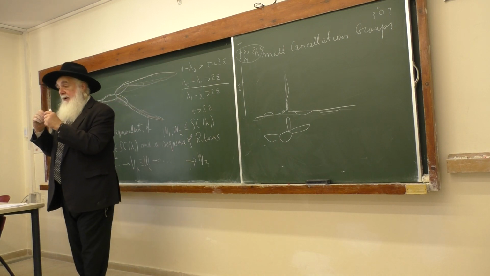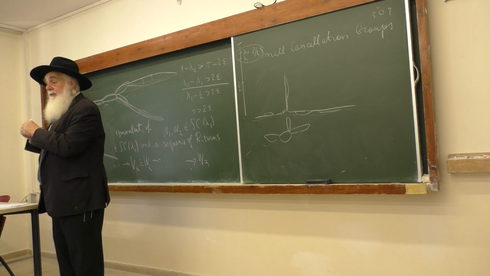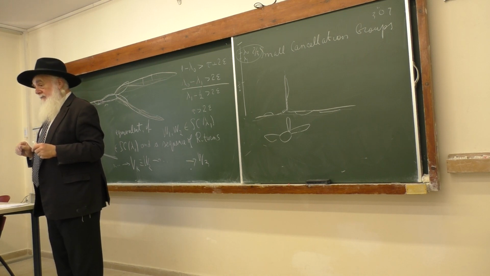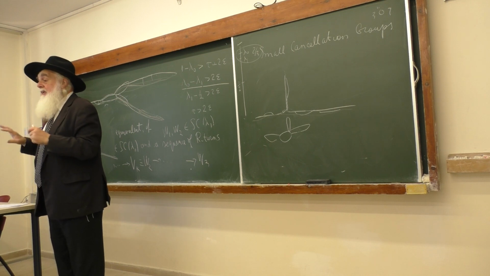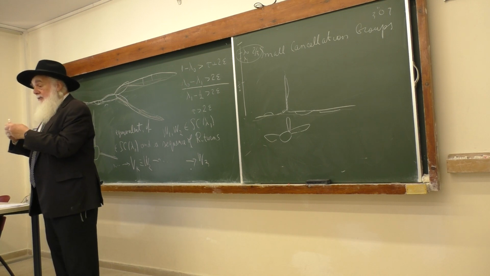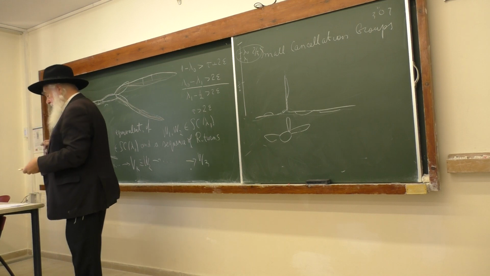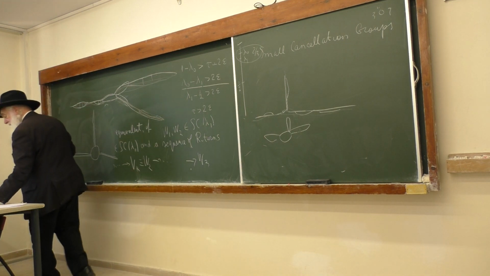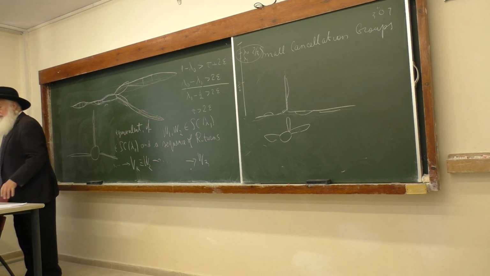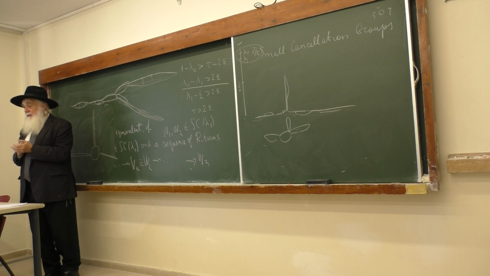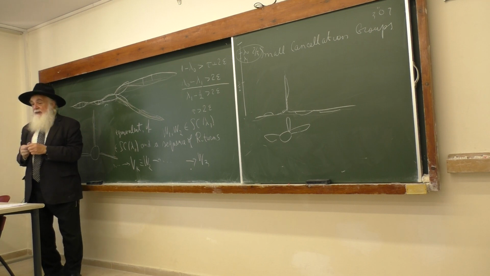Because the common part of two cells is small, this is an easy combinatorial situation. Otherwise it could be difficult, but here it is easy because the common part of cells is very small. Okay, now we have a certain product, and we have to show that this product is actually associative.